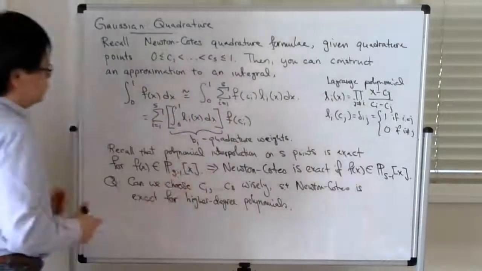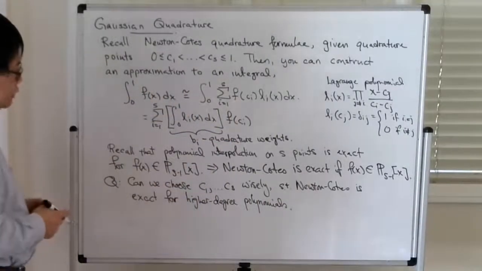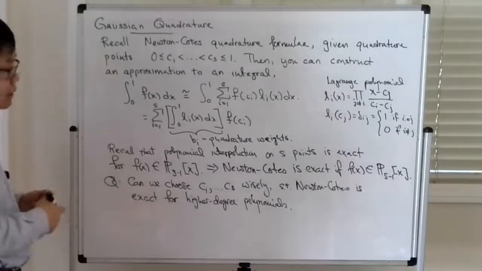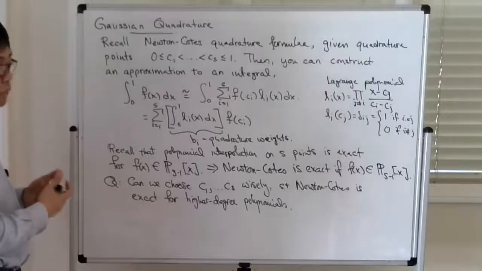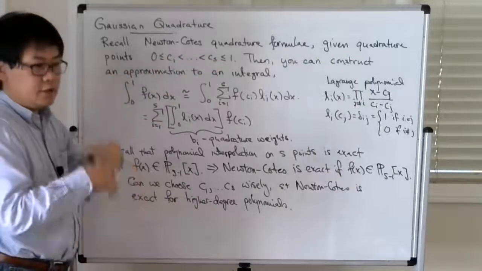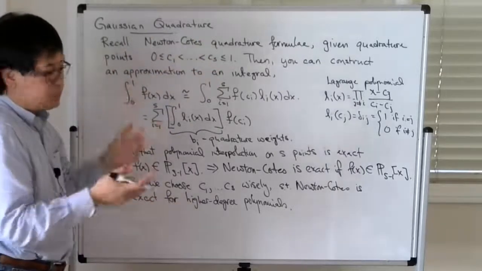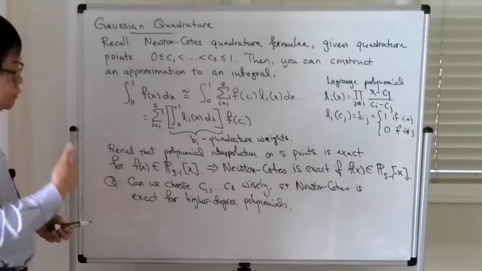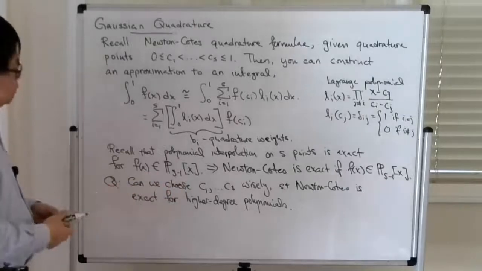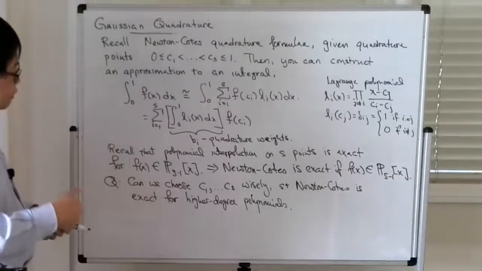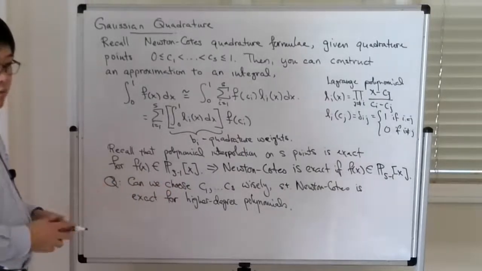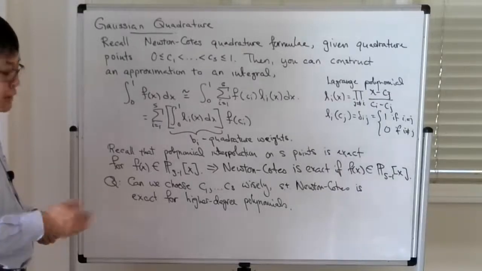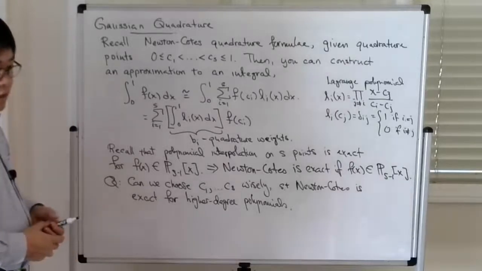Because so far, when we've constructed Newton-Cotes formulas, this exactness property for polynomials up to degree s minus 1 is true independent of the choice of c1 to cs, so long as they're in this interval and so long as they're distinct. So the question is, you have these s choices, if you will, for the values, and you can ask whether you can do better than just exactness for polynomials up to degree s minus 1.